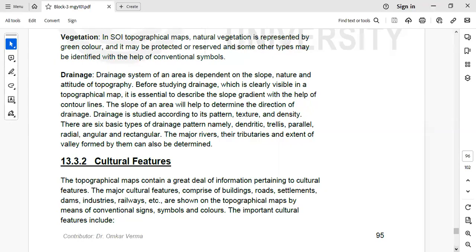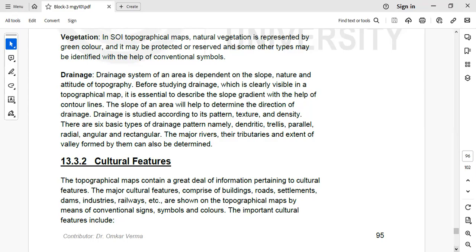The drainage system of an area is dependent on the slope, nature, and altitude of the topography. Drainage is clearly visible in the topographical map. If we understand the slope, then we can determine the direction of the drainage.